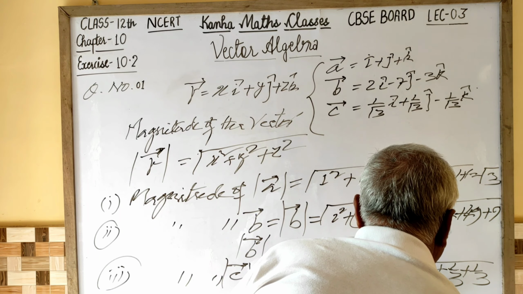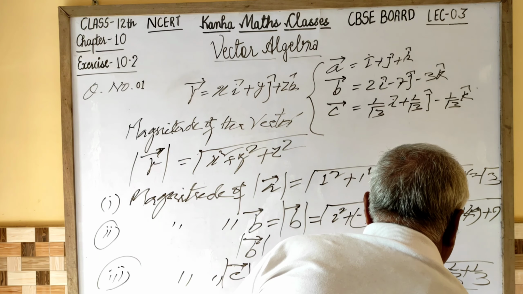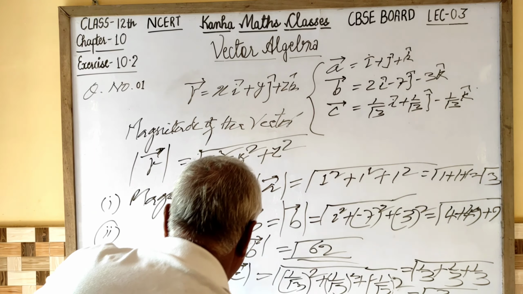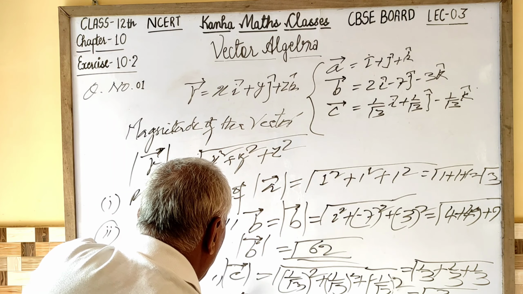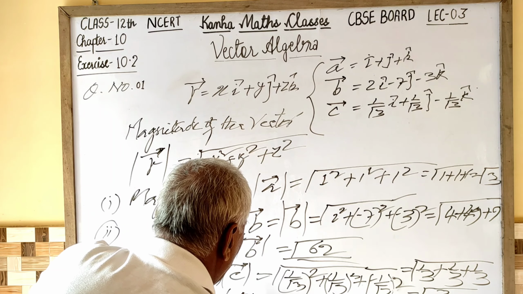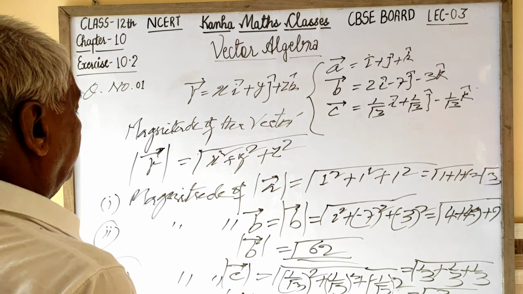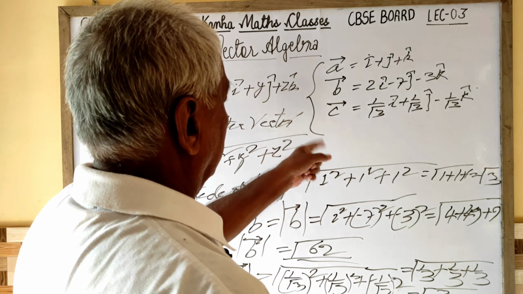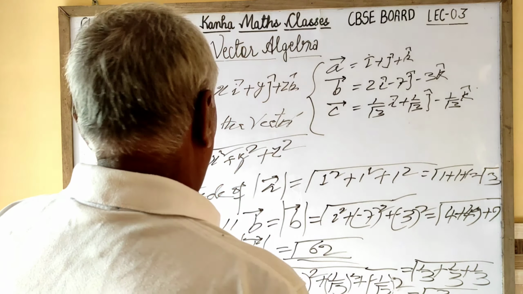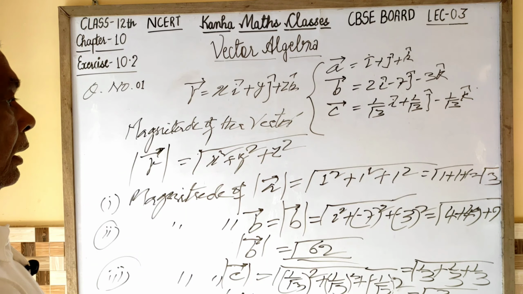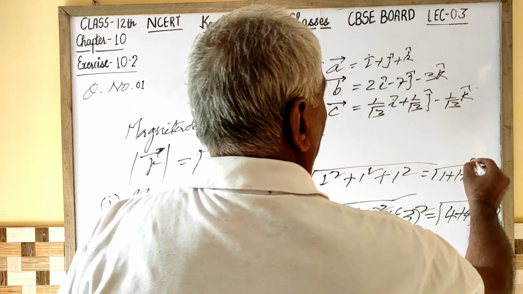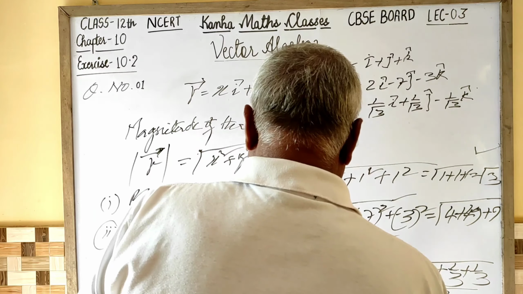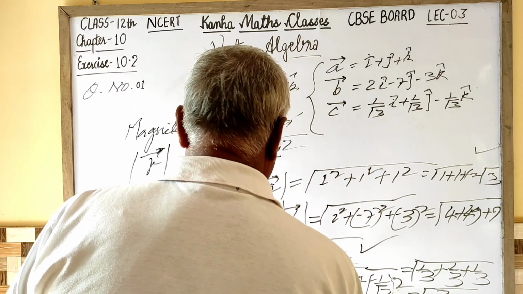Now this is 3 by 3, which is equal to root 1, so mod of vector C is equal to 1. These are the magnitudes of all three vectors: root 3, under root 62 and under root 1, which means 1.